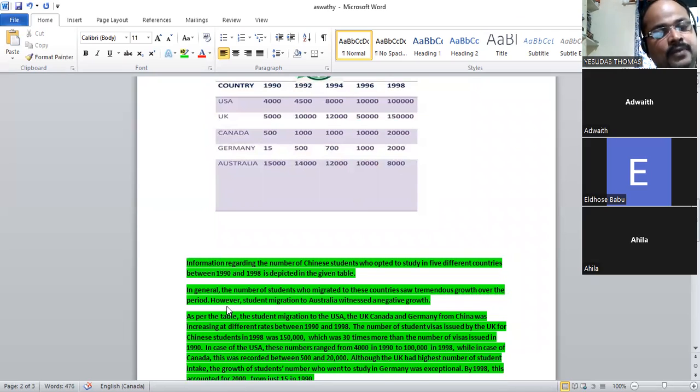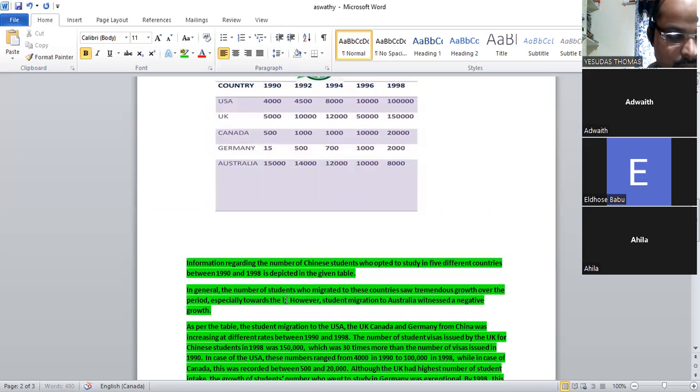In general, the number of students who migrated to these countries saw a tremendous growth over the period, especially towards the last couple of years.